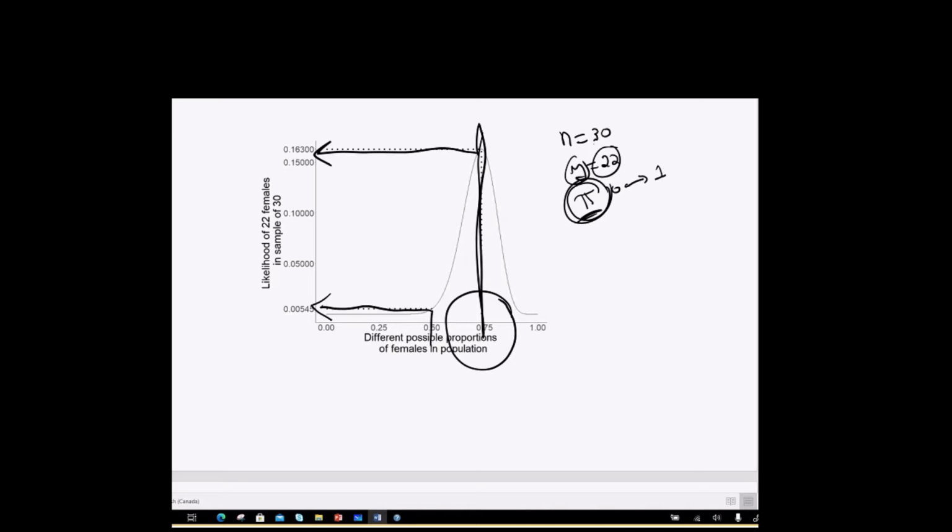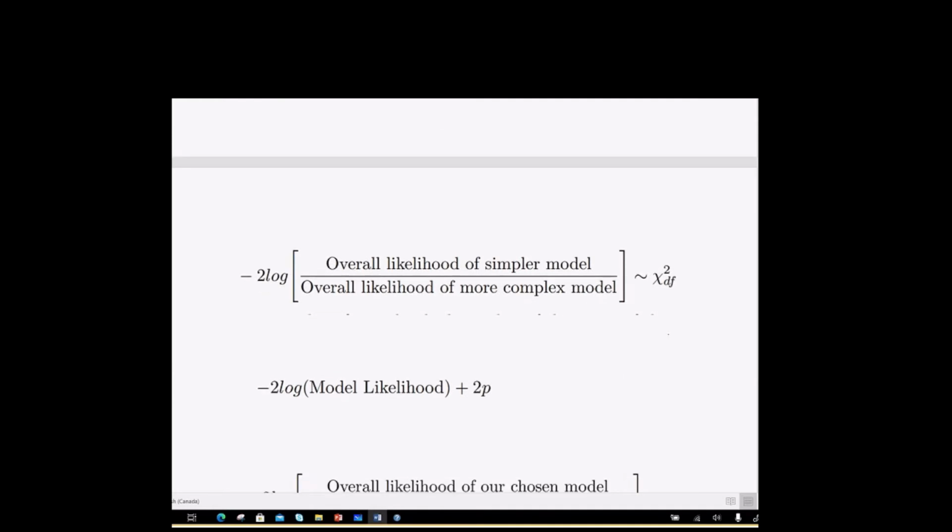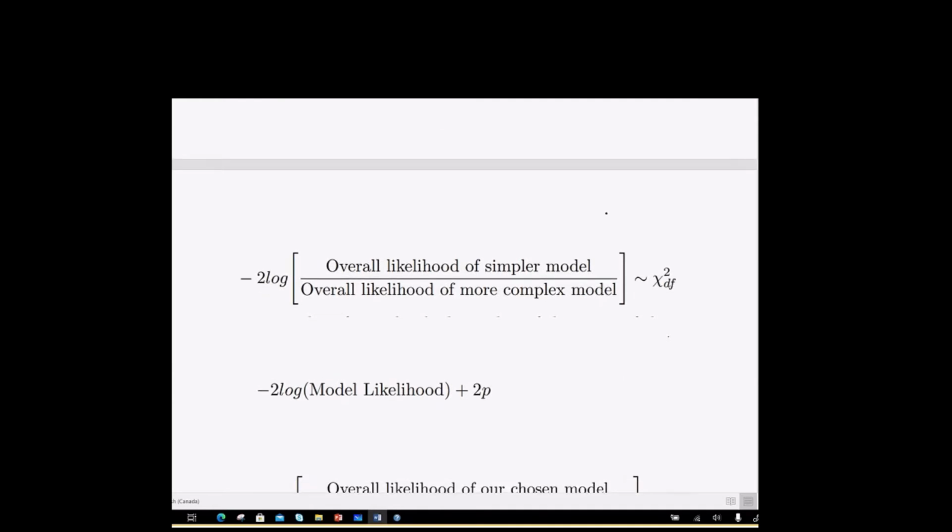And so we can do the same sort of thing when we're trying to decide which of those two models we would choose. And there's a number of specific tools that can help us with all this. And so one of the tools we've got is to calculate this value here. And it's the log of the ratio of two likelihoods.